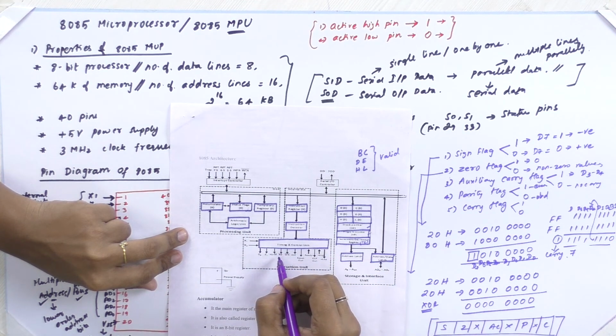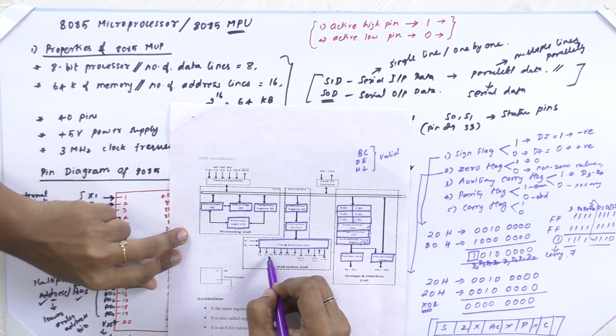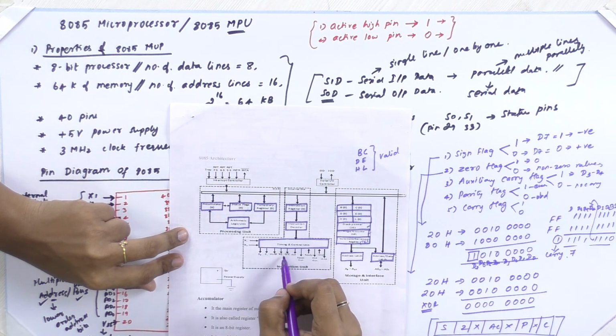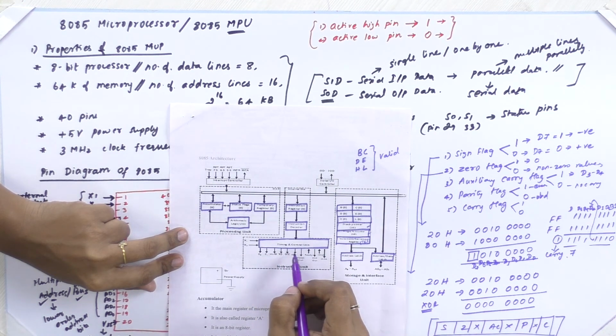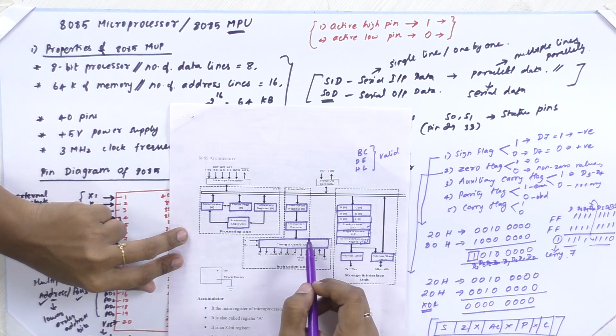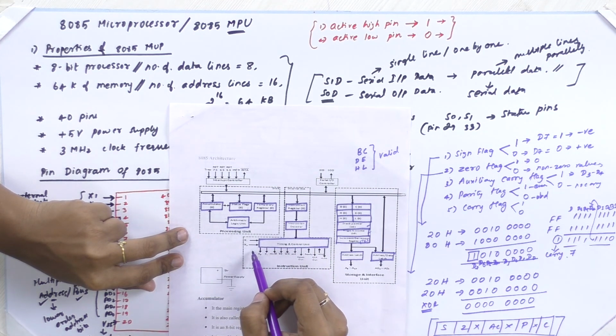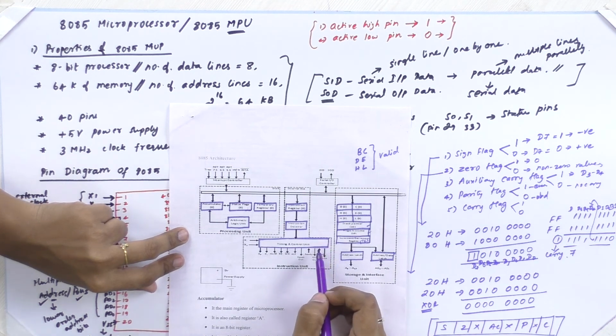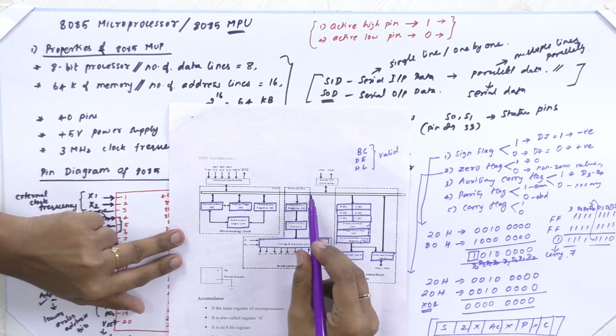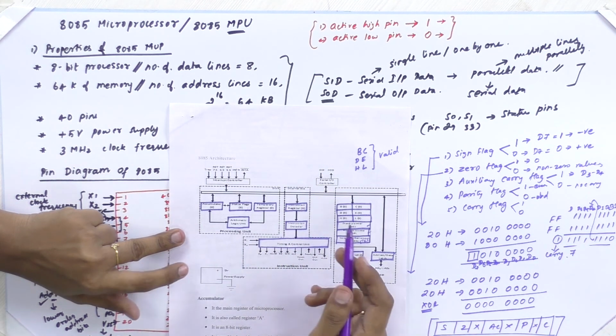For example, if the processor wants to execute any read or write operation, then based on the machine cycle received, this unit will instruct the processor to perform its corresponding function. So this is all about the instruction unit.